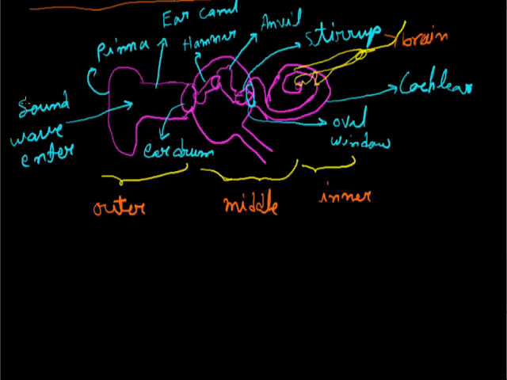Now, at the end of the ear canal, there is a thin, elastic and circular membrane called the eardrum. The eardrum is also called the tympanum.